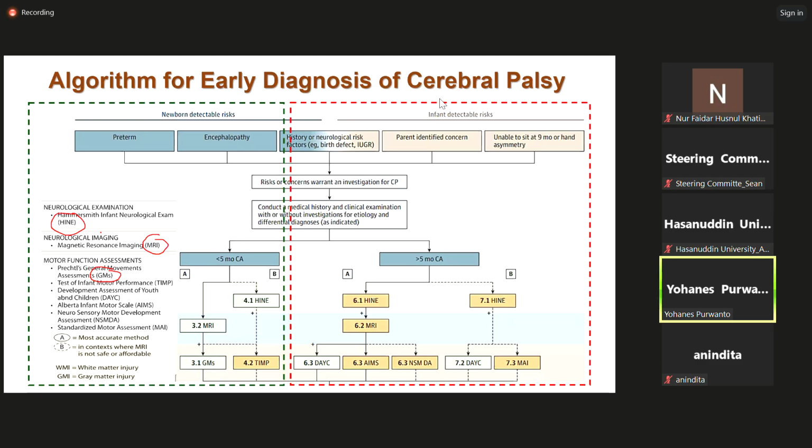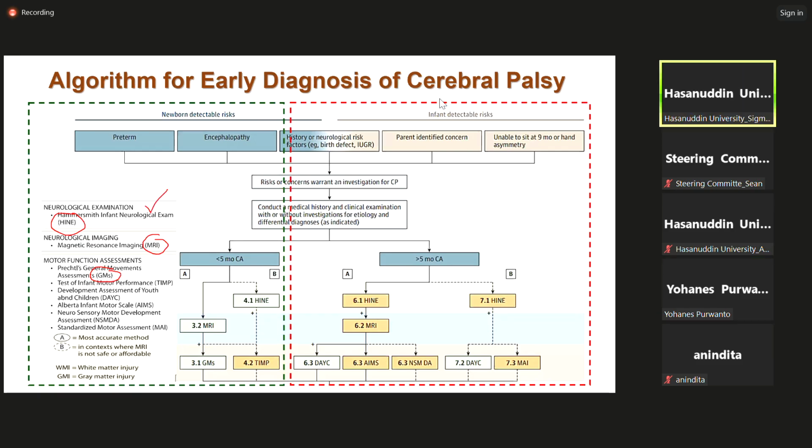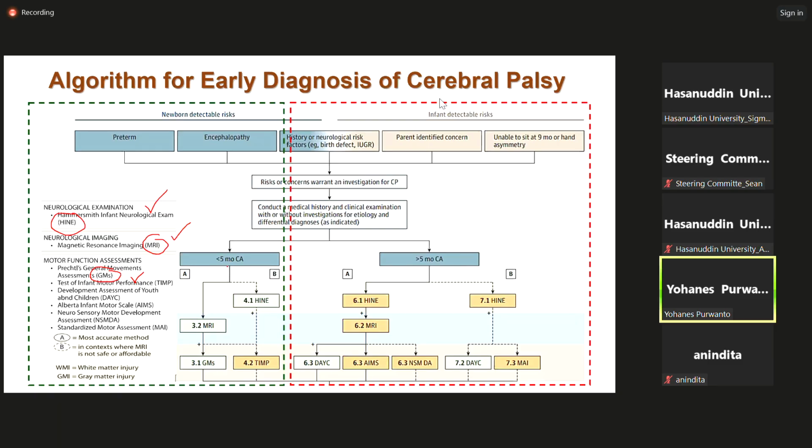So there are three important things to do for the early diagnosis: neurological examination, motor function assessment, and then MRI. So here we can see under 5 months: MRI, general movement assessment, and also the neurological examination.